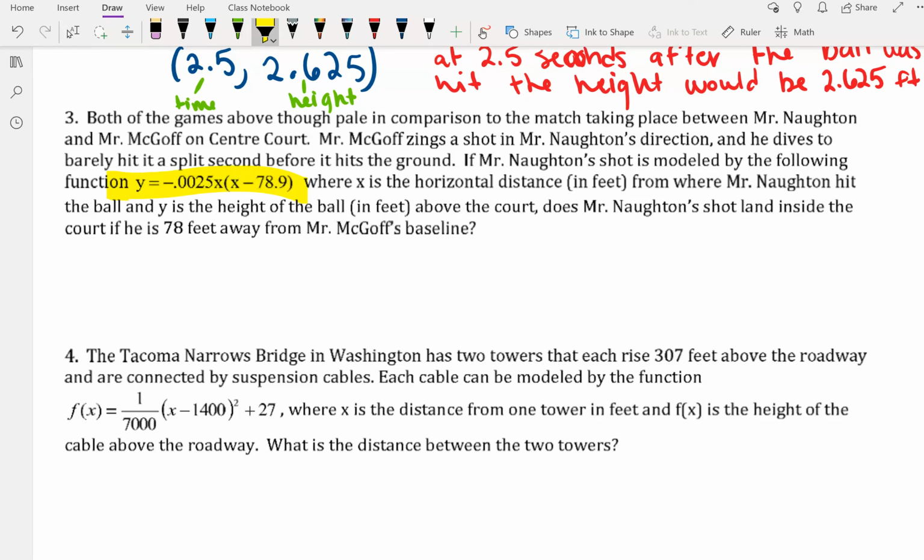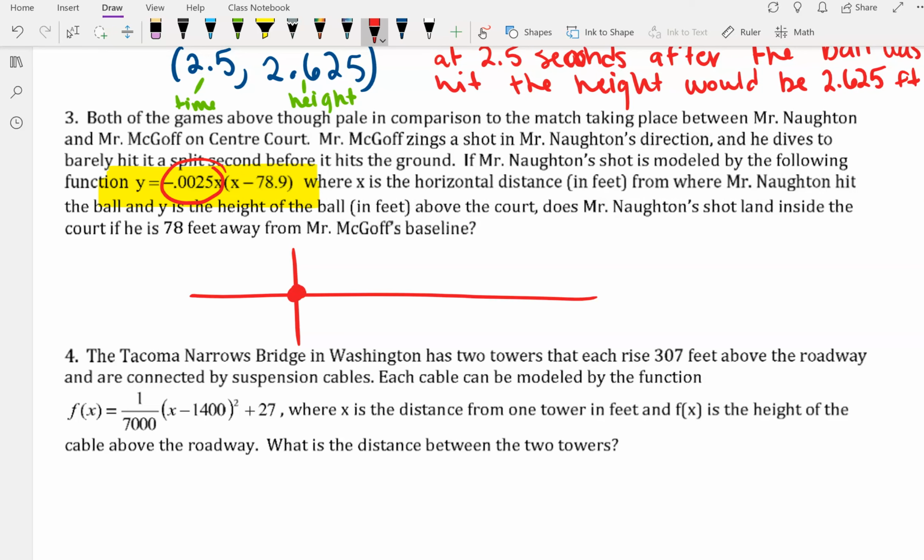This, you might notice, is written in intercept form, which gives us the x-intercepts of our function. So I'm going to draw a big graph. The x-intercepts are going to be this one. There's nothing being added or subtracted to the x, so this x-intercept is just 0.